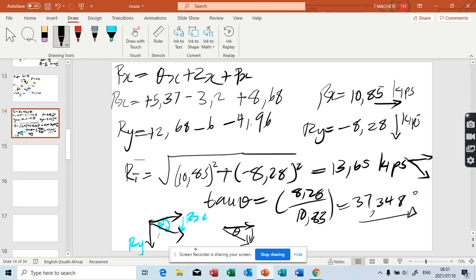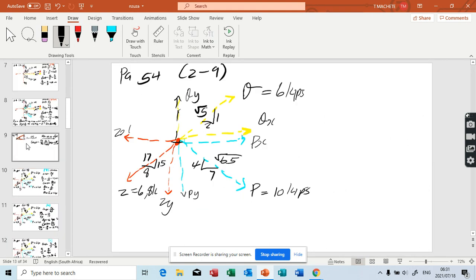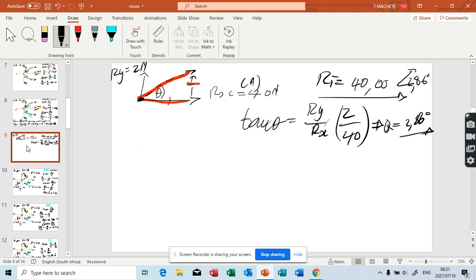Remember, this is your ry, this is your rx. Remember how we found the previous example? We used tan as well. You see why we used tan? We transferred that information. But if we had something like this, it was gonna be different.